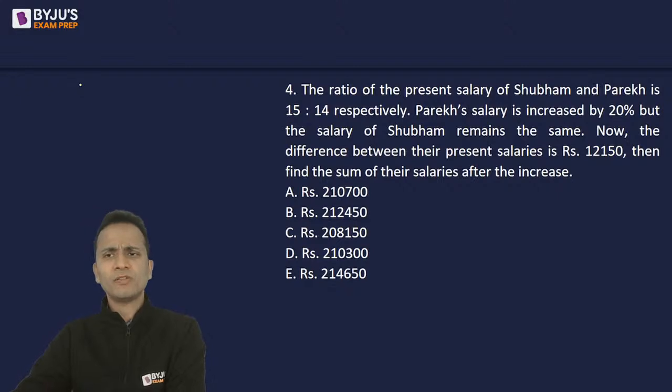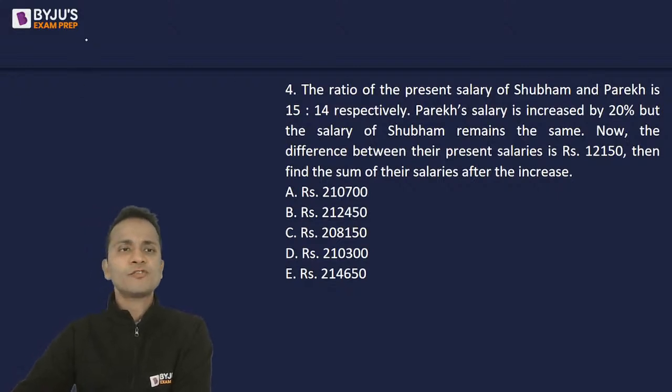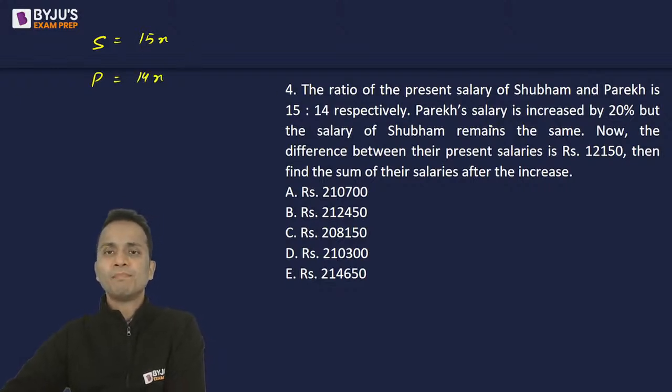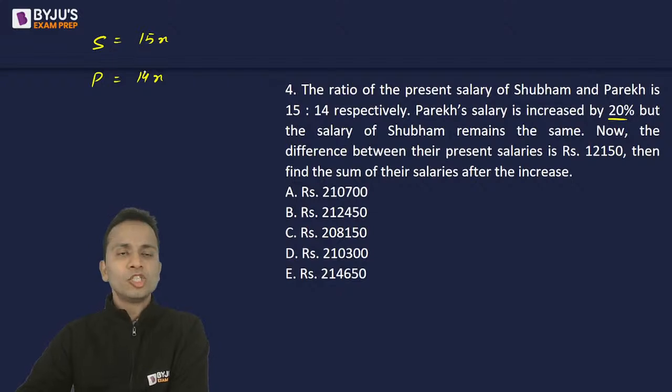Let's quickly solve this. Ratio of present salaries of Shubham and Parekh is 15 is to 14. So I'll assume their salaries as 15x and 14x respectively. Parekh's salary is increased by 20%. So this value, Parekh's salary 14x, is increased by 20%. Now 20% of 14 is 2.8.